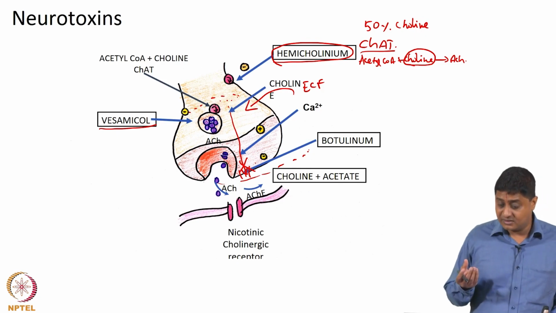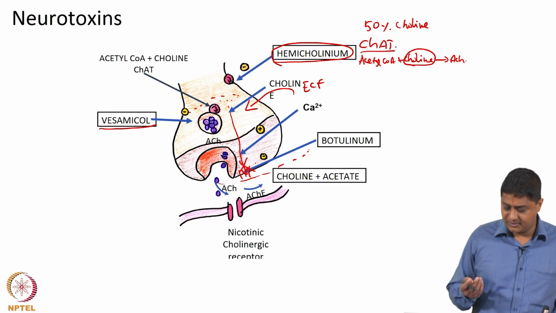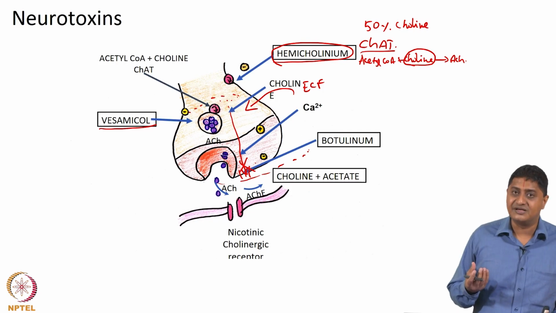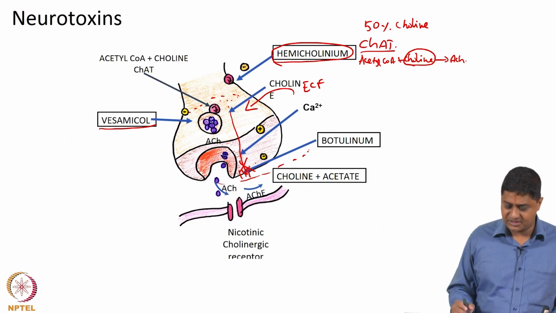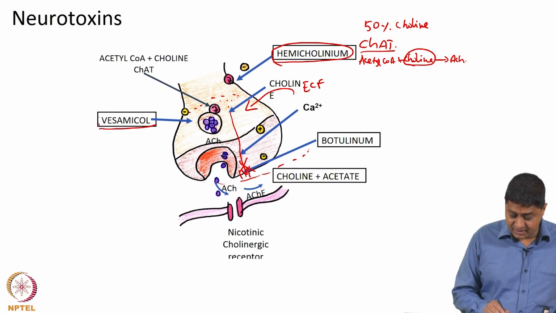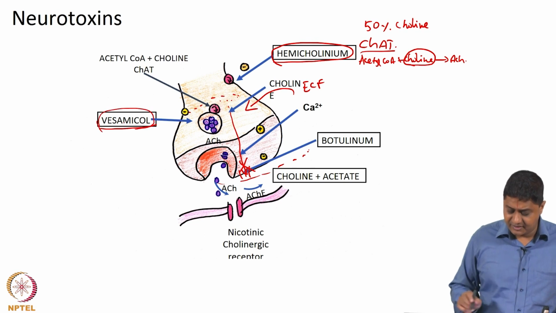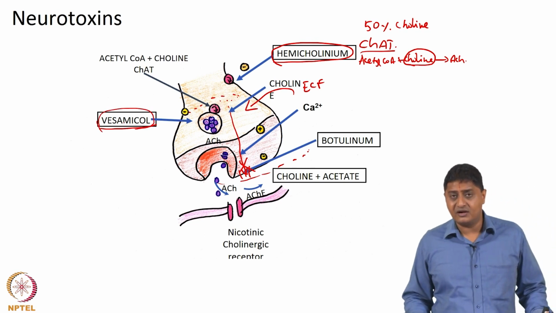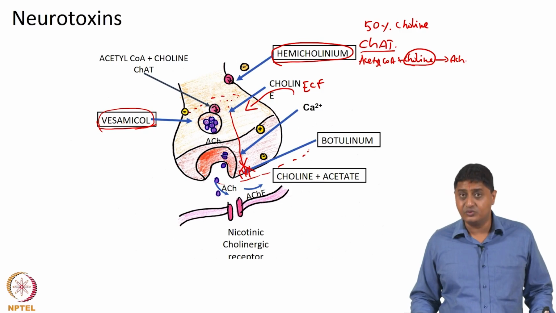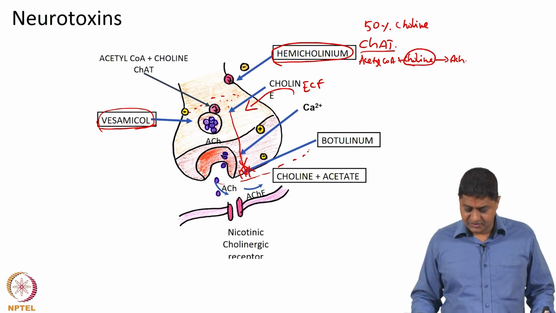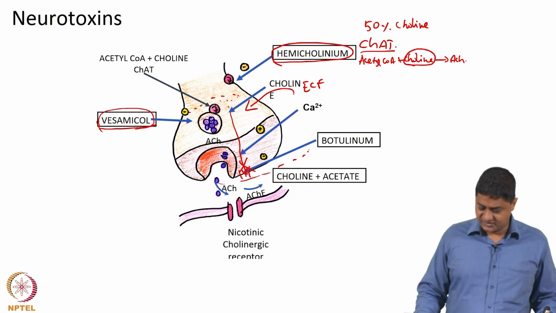When acetylcholine is not packed into the synaptic vesicles, then it is not possible for acetylcholine to be released from the presynaptic terminal to the postsynaptic terminal. So this chemical vesamicol actually prevents packing of acetylcholine into the vesicles, right. So this is the other situation.